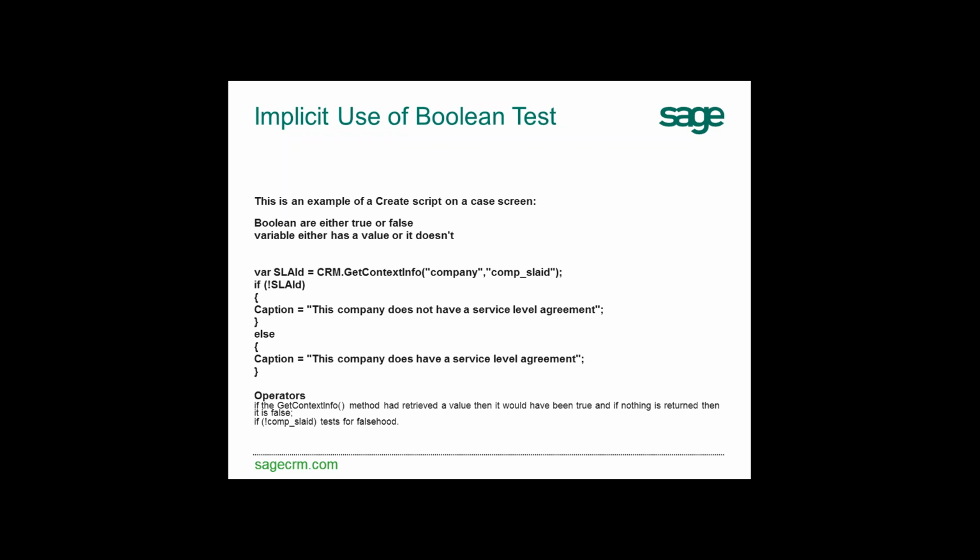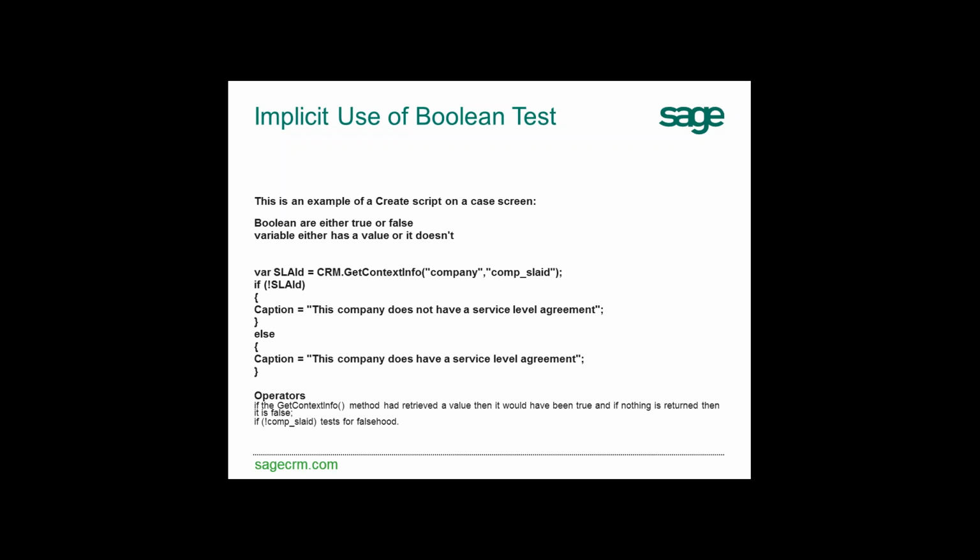If that comes back as nothing there, then when we come to reference it within the if statement, we can test to see whether it has a value, whether it has been populated with a value, or whether it is null.